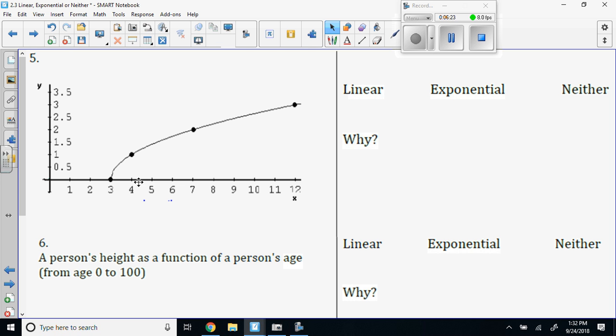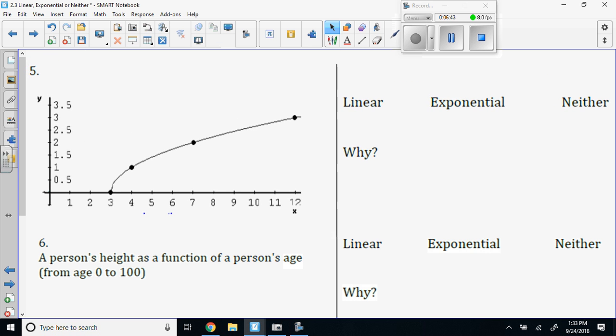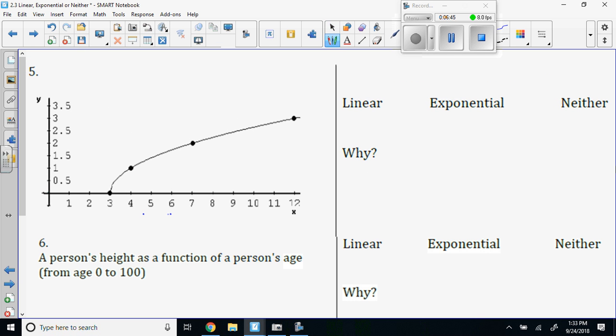Now, is this linear? No. Is it exponential? Okay, first off, what does an exponential look like? It looks like this.